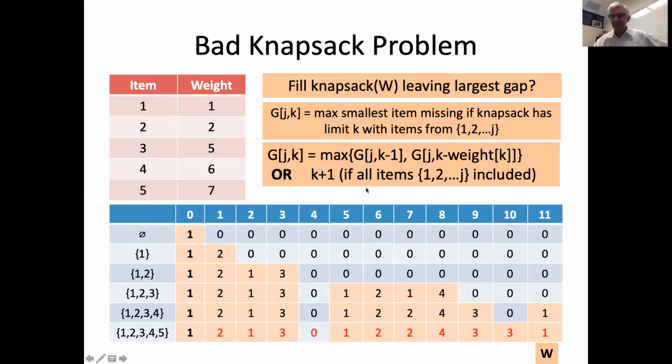Professor, for row 2, column 2. Yeah, row 2, column 2. So that one was supposed to be a 2. Yeah, that should be a 2 because let's go over this one more time. 2 comes from, no, you're right.